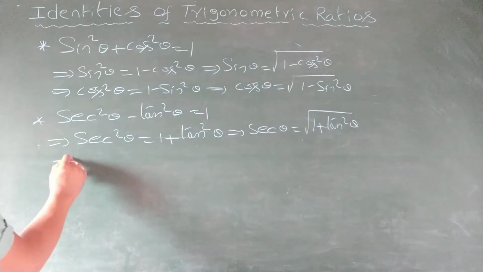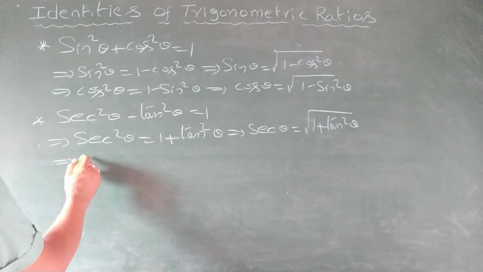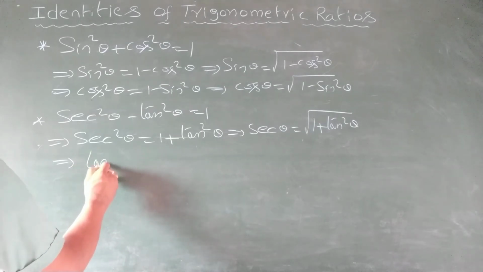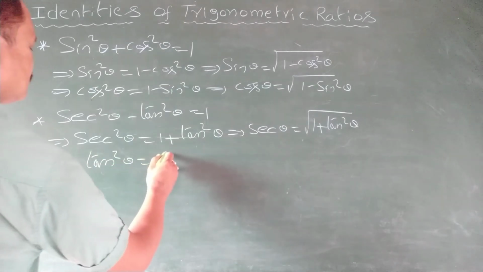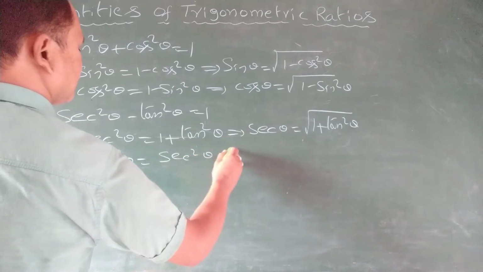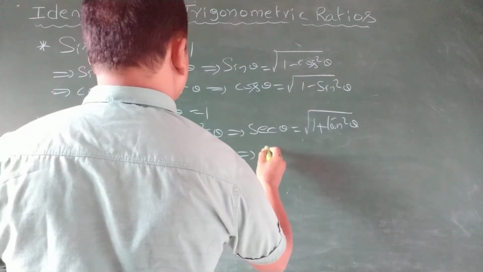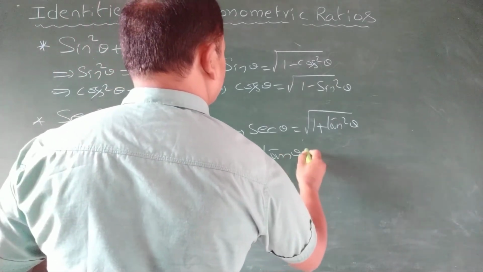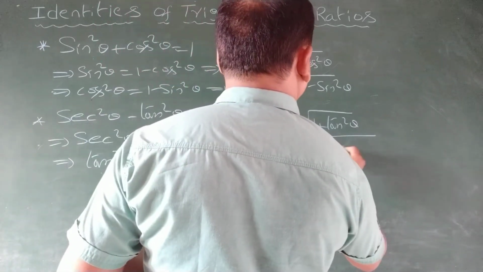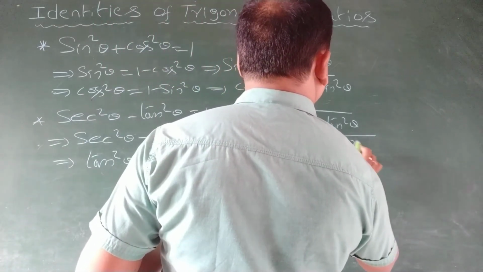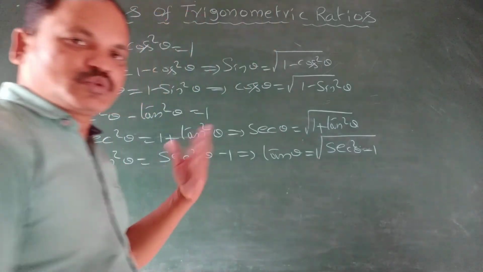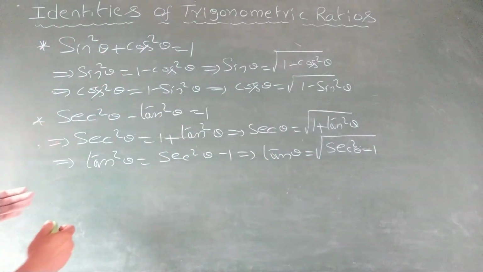And tan square theta is equal to secant square theta minus 1, so tan theta is equal to square root of secant square theta minus 1. Now we create the forms from these identities.